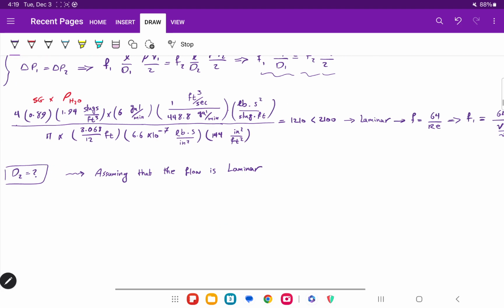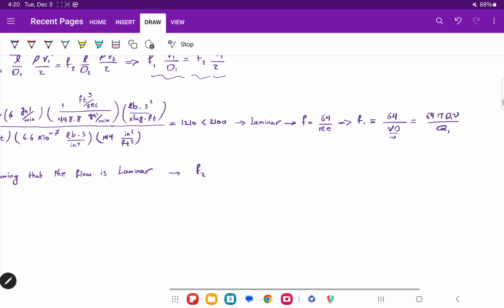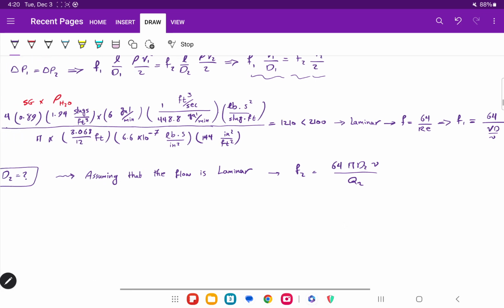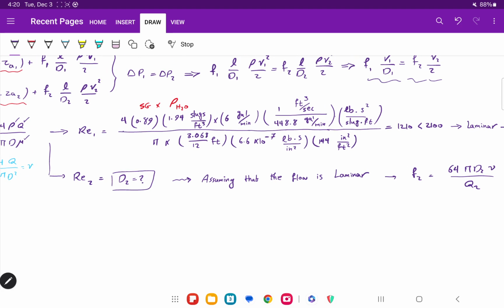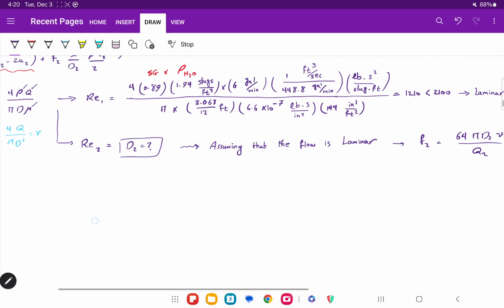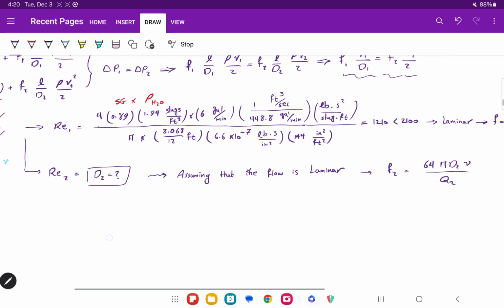So if the flow is laminar, we should use this formula like this one. F2 equals 64 pi d2 nu over Q2. And we solve the problem. After that, in the end, we should check this assumption, whether it's true or not. How? When we have d2, we can calculate Reynolds number and check the assumption. So now we have F2.